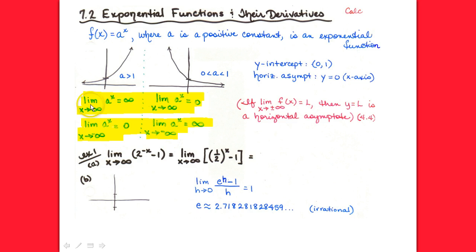So over here for the function where it's increasing because a is greater than 1, when you take the limit as x approaches negative infinity, you get an answer of 0, so that causes the horizontal asymptote for that function. Whereas when you're looking at the decreasing function when a is between 0 and 1, if you take the limit as x approaches positive infinity for that function, you get 0, and that causes its horizontal asymptote. So we can see why each of those landmarks is in place and why we can count on them to be there.